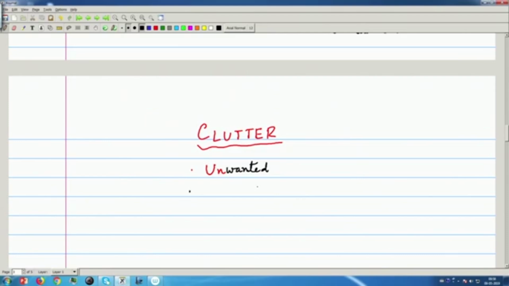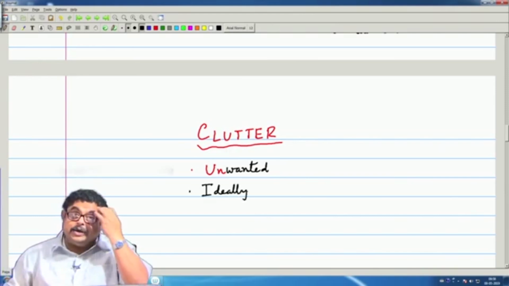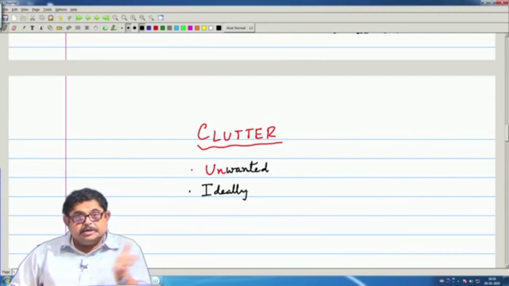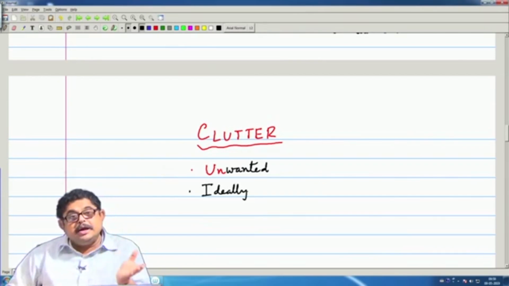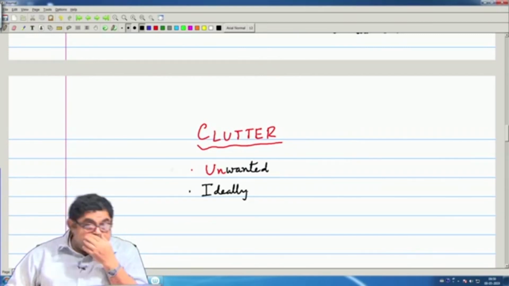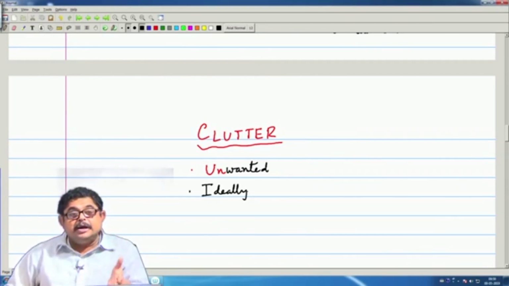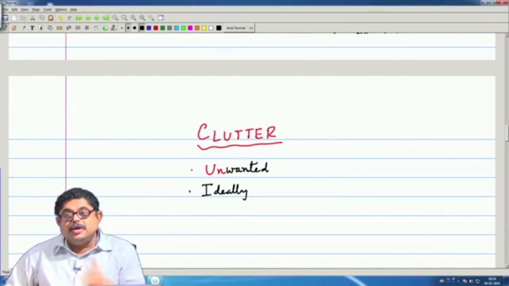Now, this is stationary. Ideally, if we see the spectrum of the clutter, because in the spectral domain the moving target and clutter can be easily separated, clutter will have a delta function at f equal to 0, because it should not have any spread.